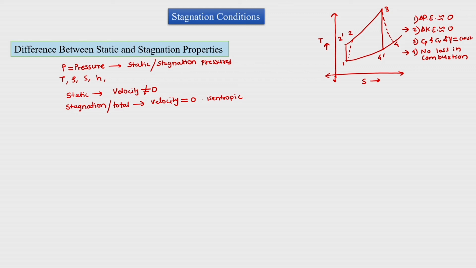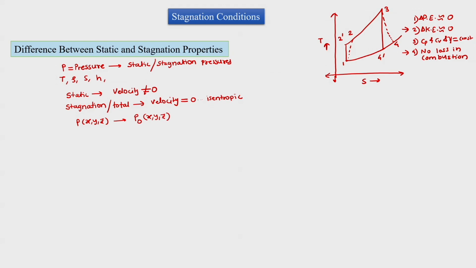Here, as the static condition P depends upon x, y, z as location, pressure varies at all locations in the flow field. Similarly, if we denote P naught as the total pressure or stagnation pressure, that will also vary at all locations.